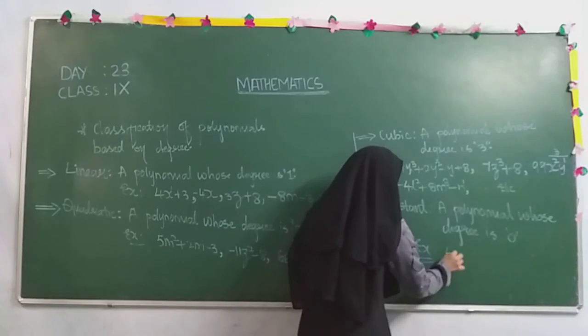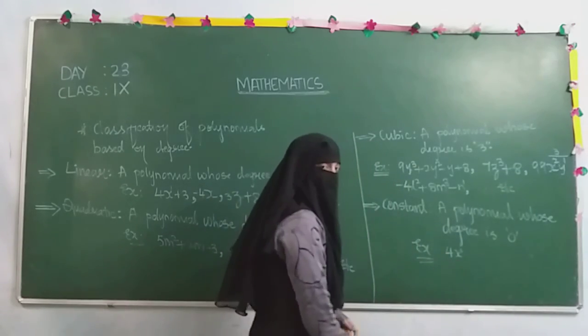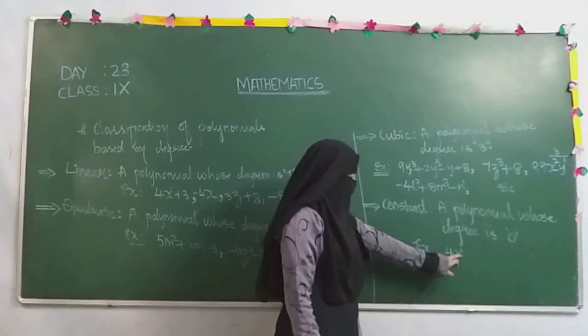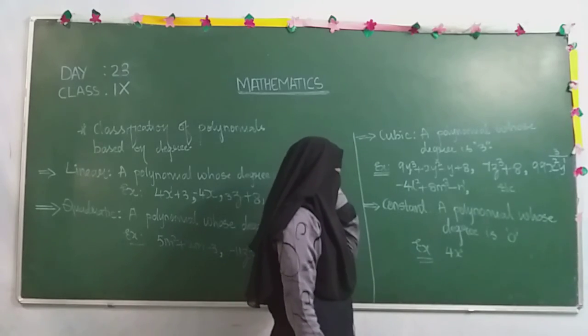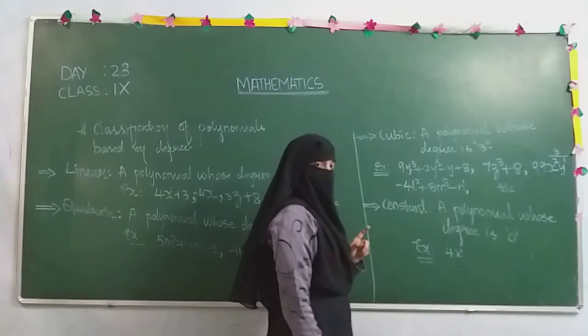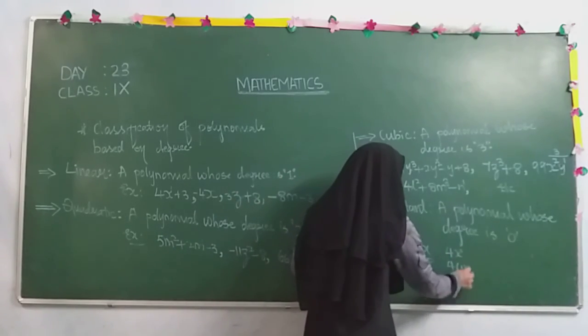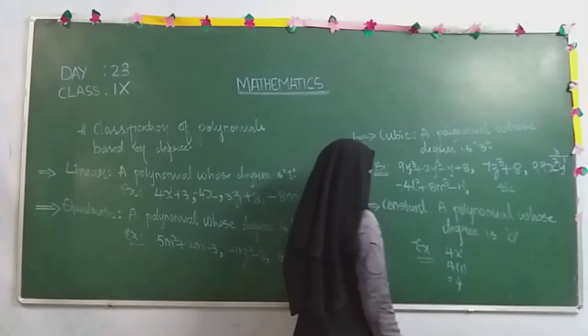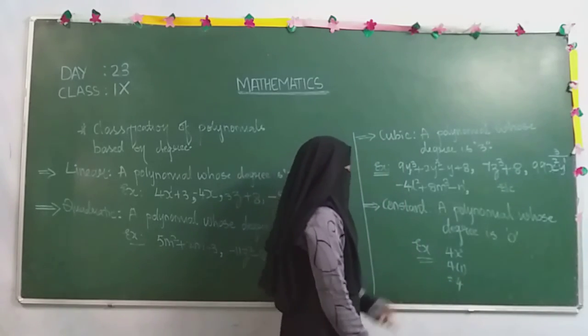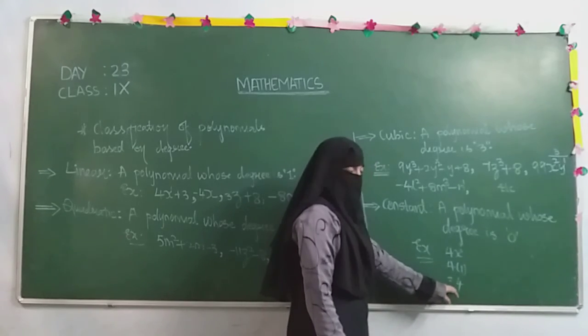Example, numerical. If you write here 4x to the power of 0, this x to the power of 0 is nothing but 1, because in the laws of exponents we have studied, anything to the power of 0 is 1. So x power 0 will be 1. So 4 into 1 equals 4. Ultimately you are getting a number without a variable.